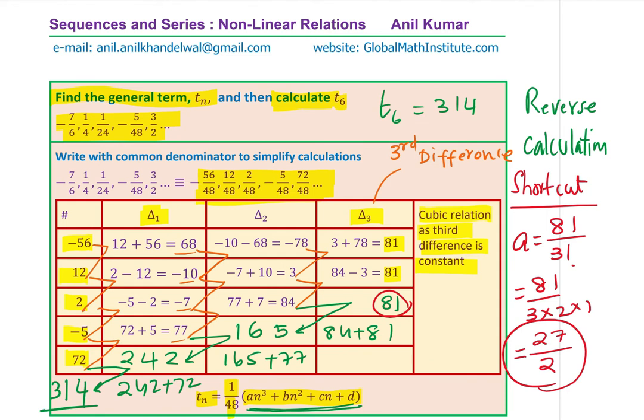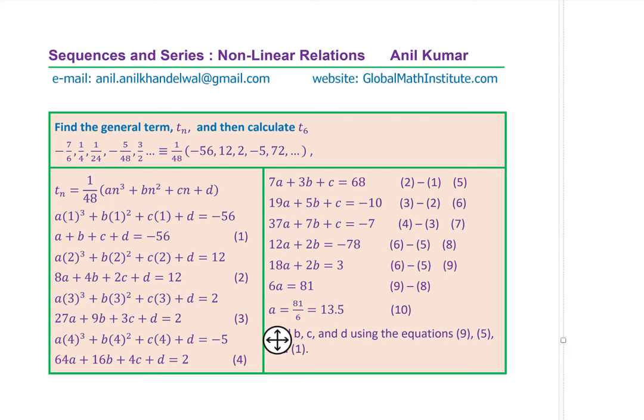Since this method is not known to many of my students in grade 11, I will actually go in for a standard way of finding the equation. So we'll actually begin with the cubic equation. So here is how we are going to do the solution, right?